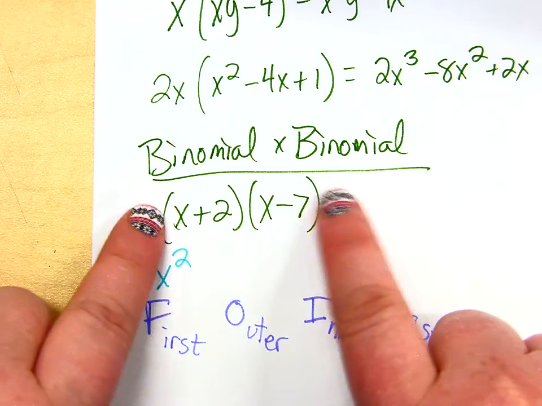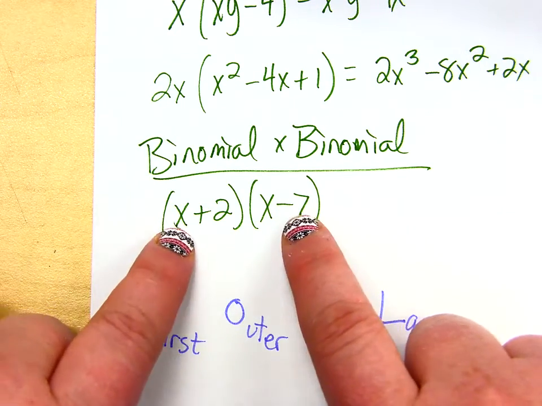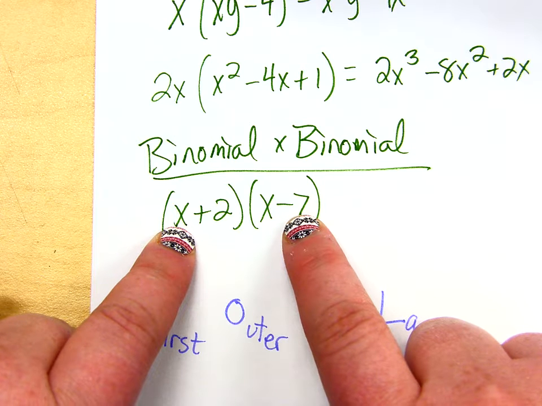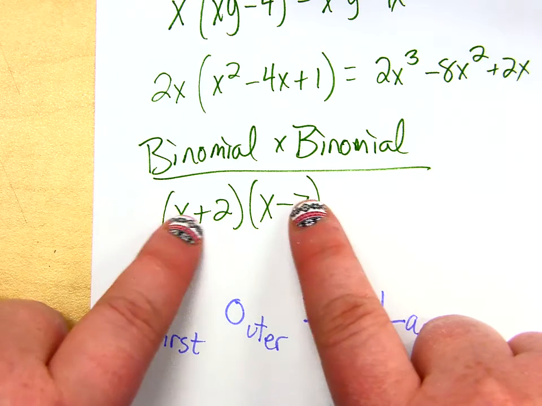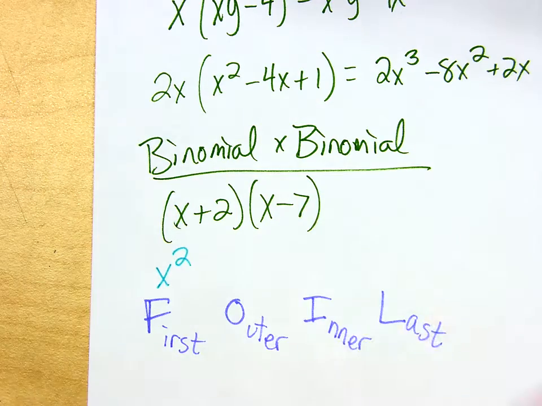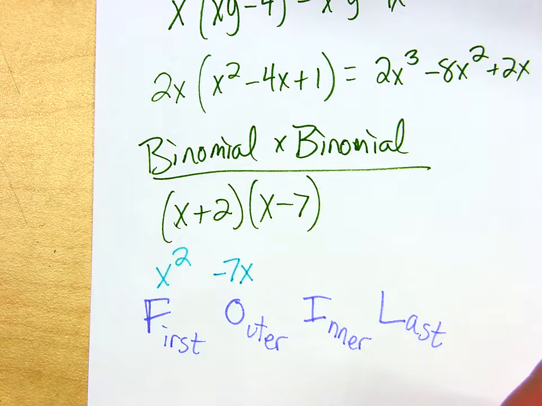It's the x and the negative 7. If you multiply x and negative 7 together, what comes out? Negative 7x. Is everybody with me so far?